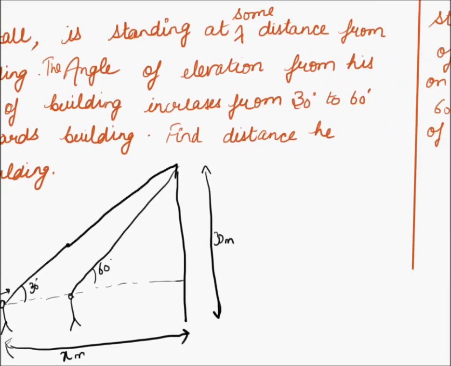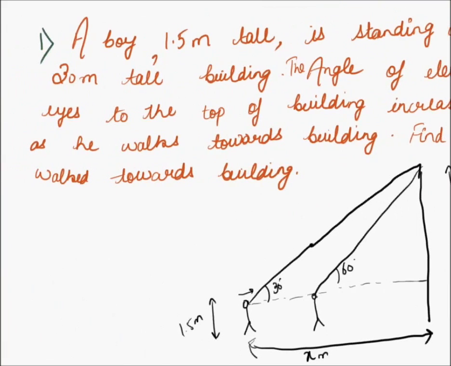We have to find the distance he walked towards the building, let us say denoted by y. Let us assume that the building as well as the boy's positions are perpendicular to the base, the ground.